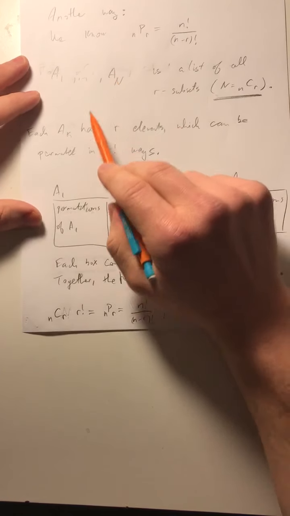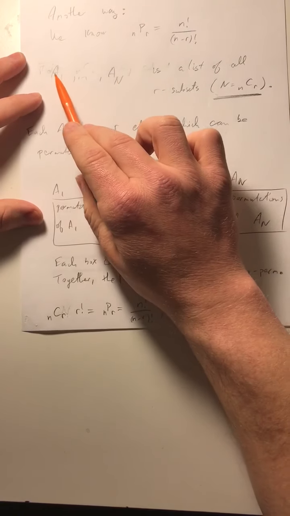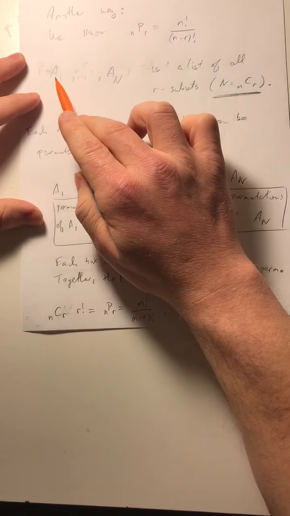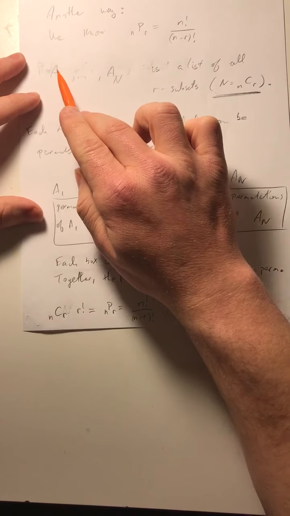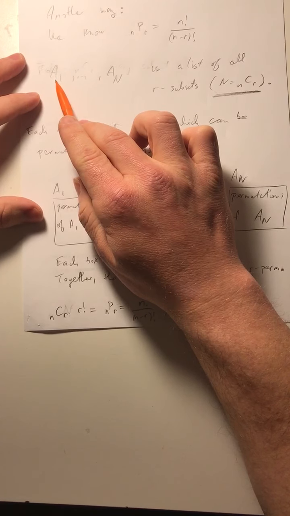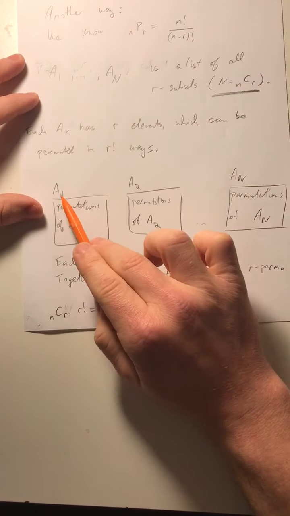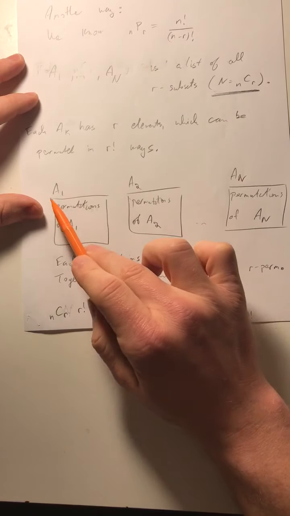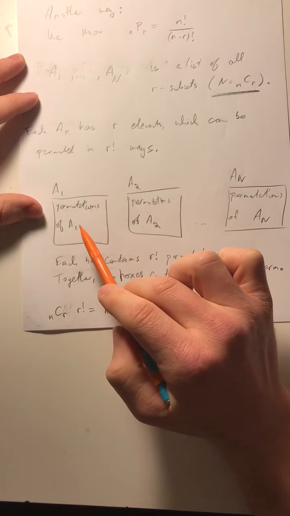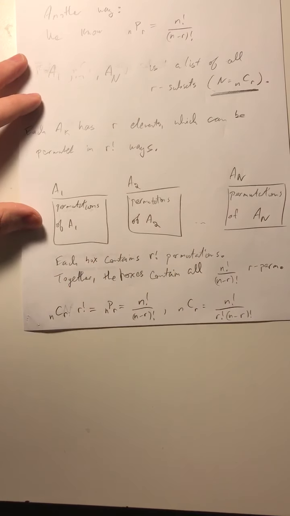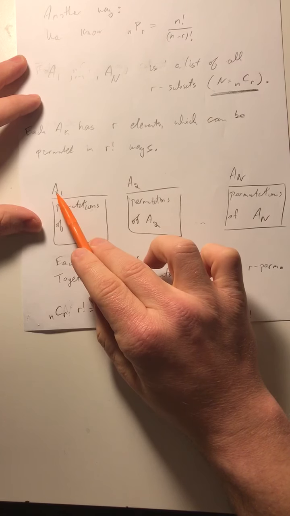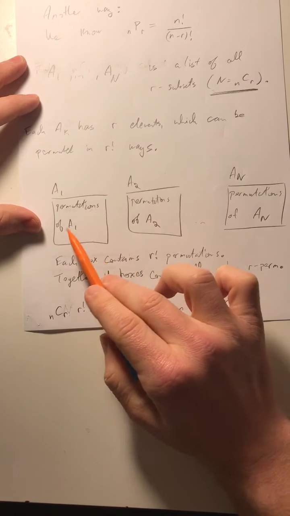Now if I take each of those subsets and permute the members, each subset has r things, so I can take those r things and permute them in r factorial many ways. So I take those subsets and make a group of permutations by taking the elements in the subset and permuting them. What I've done here is taken the sets and associated with each set of r things a set of permutations.